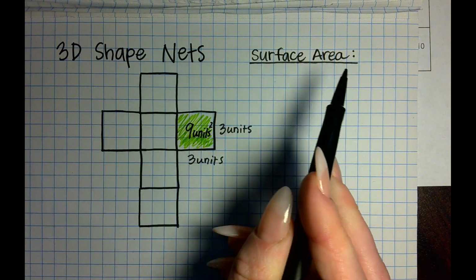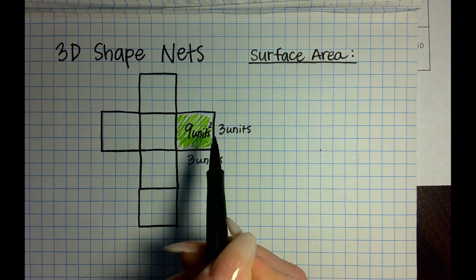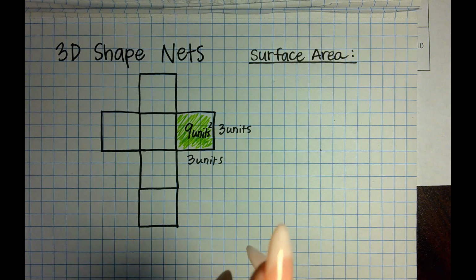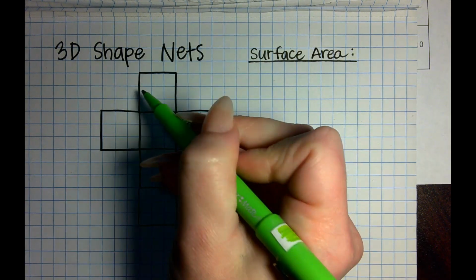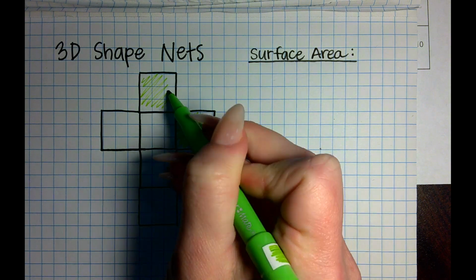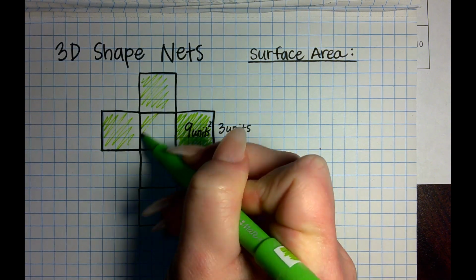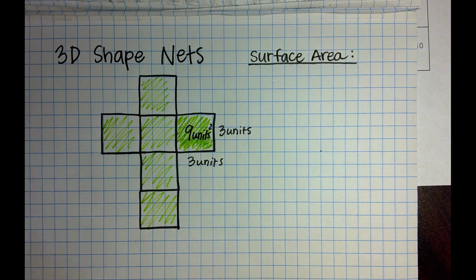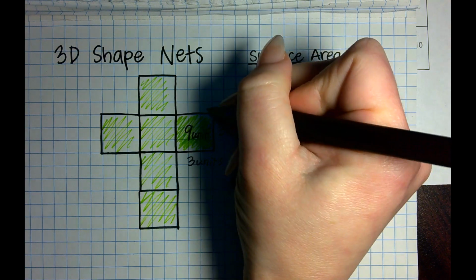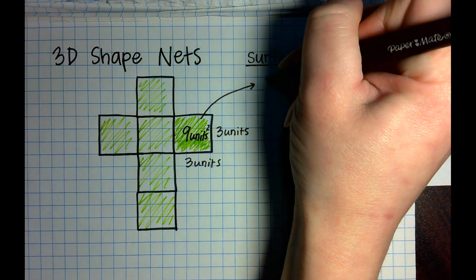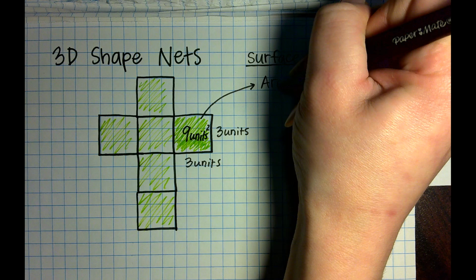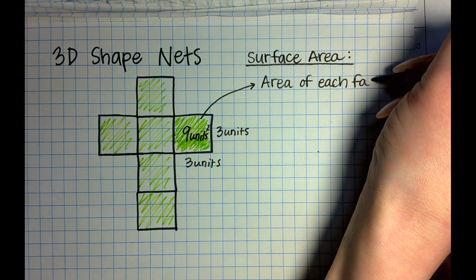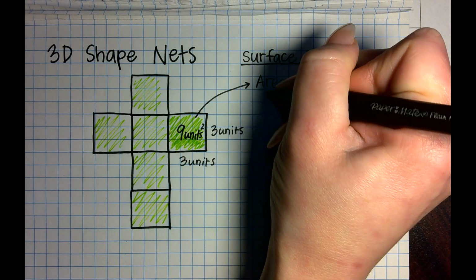To find surface area, I'm finding the area of each face on the shape. In this shape, I have 1, 2, 3, 4, 5, 6 faces that are all the same size. So surface area is the area of each face added together.